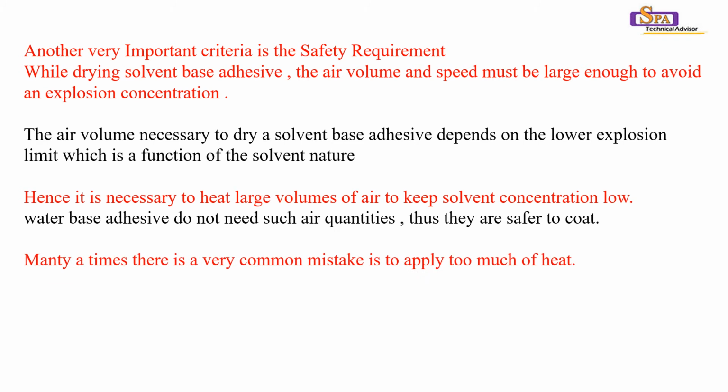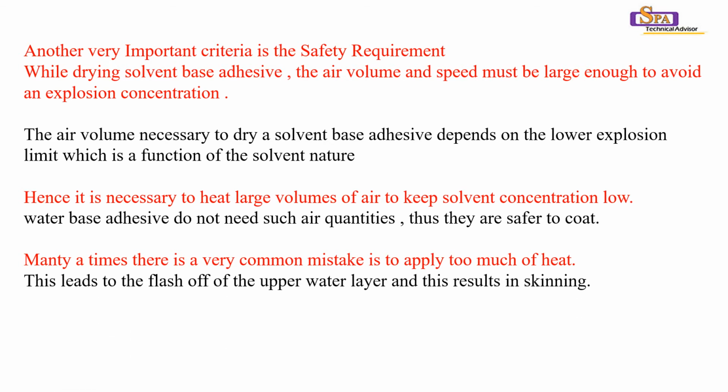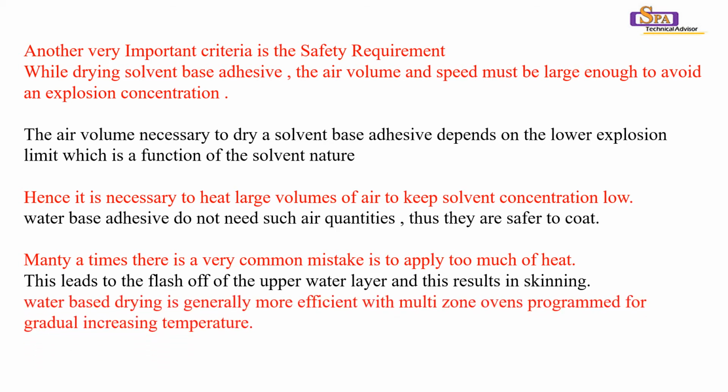Many times a very common mistake is to apply too much of it. This leads to the flash off of the upper water layer or solvent layer and thus results in skinning. Water-based drying is generally more efficient with multi-zone ovens programmed for gradually increasing the temperature.